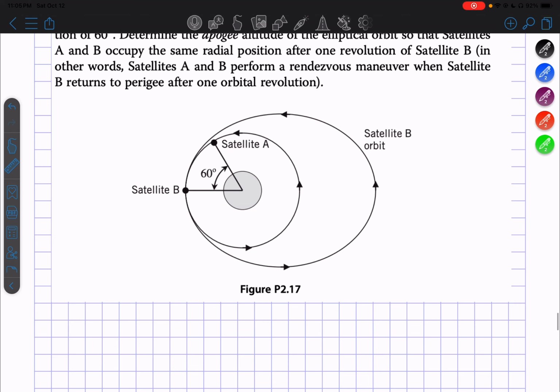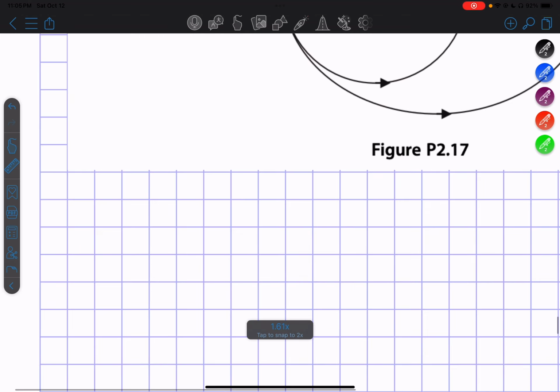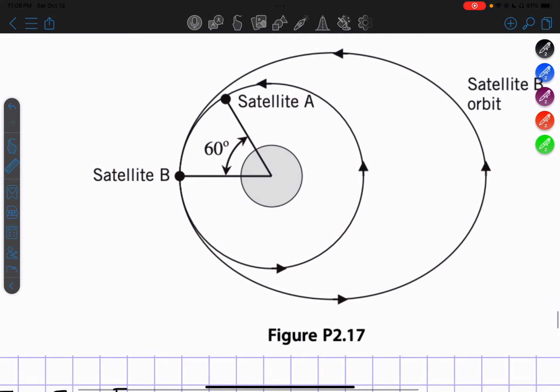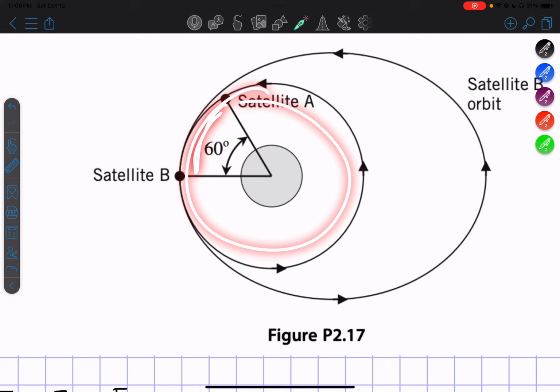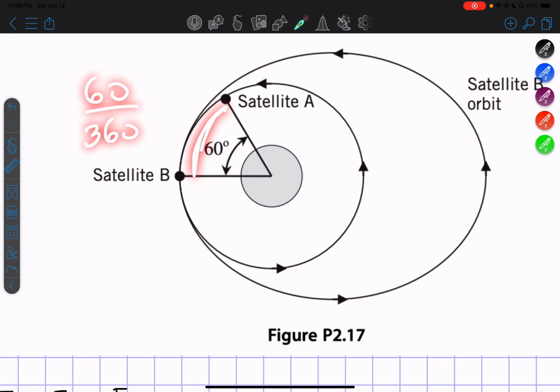So it means that the period of B has to be equal to the period of A plus a period of 60 degrees, which I'm going to call T60. Now, it's a circle, so how long will satellite A take to do 60 degrees? Well, since it's a circle, the time it takes is simply going to be 60 divided by 360.